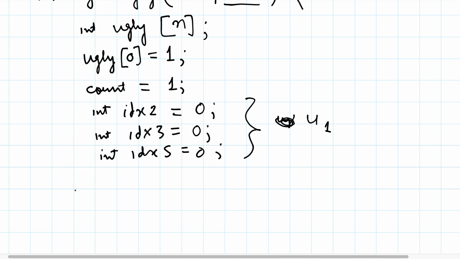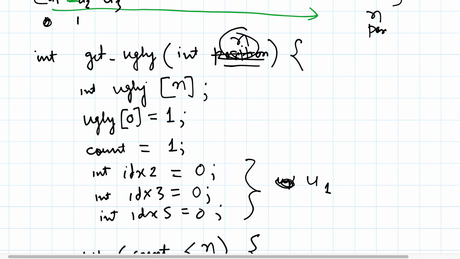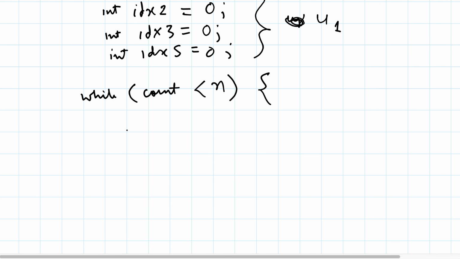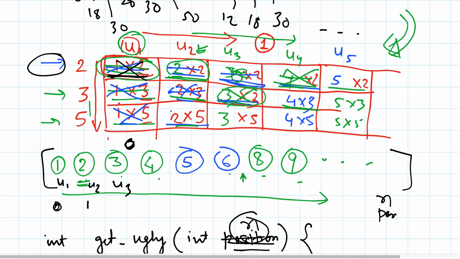Now what we do, while count is less than n, so we have to calculate till n. We want the nth ugly number. So what we will do, we will keep three variables, three values corresponding to these cells. So we take u1 and multiply it by 2, and also by 3, and also by 5.